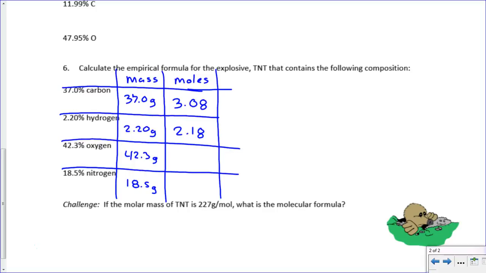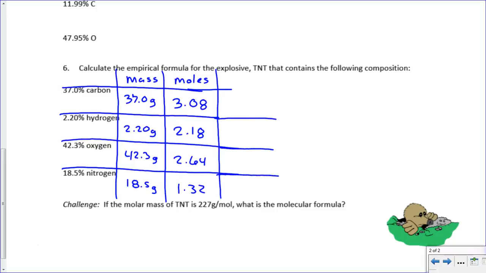For oxygen, you do 42.3 divided by 16.00, and you get 2.64. And lastly, for nitrogen, you do 18.5 divided by its molar mass, which is 14.01, and you get 1.32 as the number of moles there.